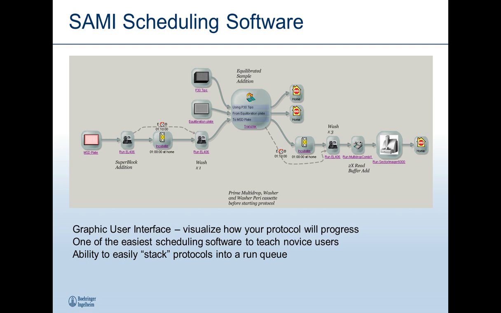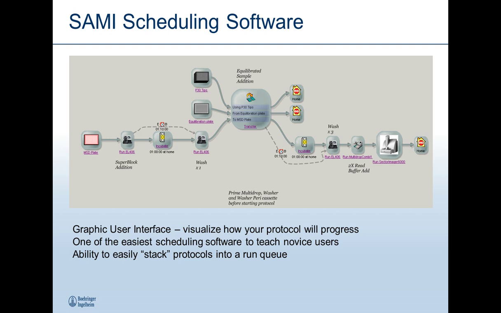Build your assay format in this graphic representation of how one plate would progress through. A scheduler software will then take all of those processes and interleave them with one another to get maximum efficiency out of the process.